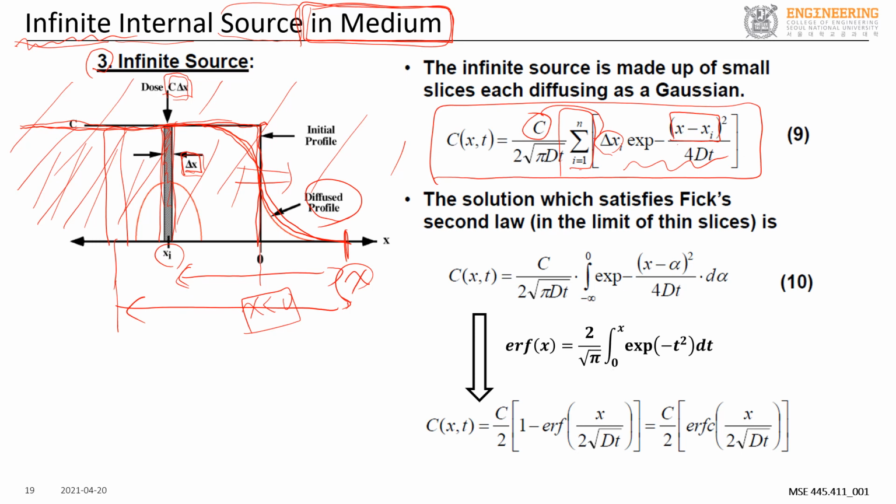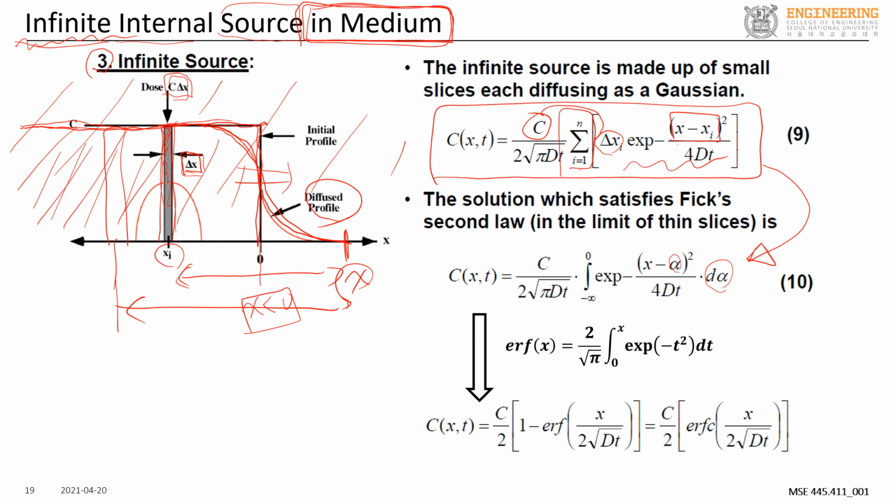But eventually what you want to do is to change this to an actual integration, right? So if you make this delta x really small, you can change this to dx, or d alpha in this case, because there's x already. Let's use d alpha.